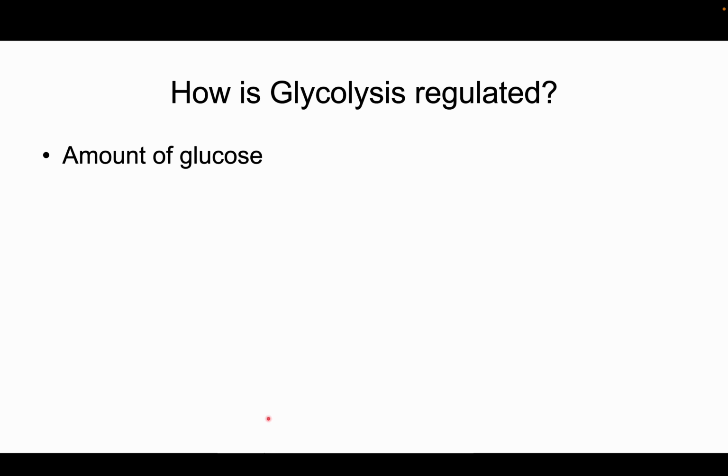Definitely, the lower the amount of glucose available, the slower glycolysis proceeds. Then the amount of oxygen. As I've mentioned, there are two possible fates for the end products of glycolysis, so oxygen presence or absence dictates which fate will more likely be realized.